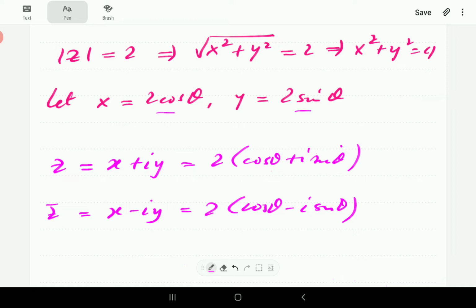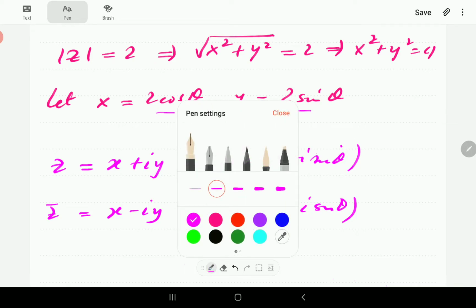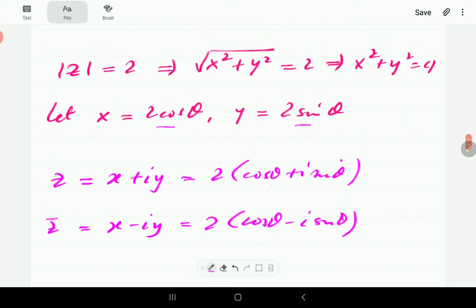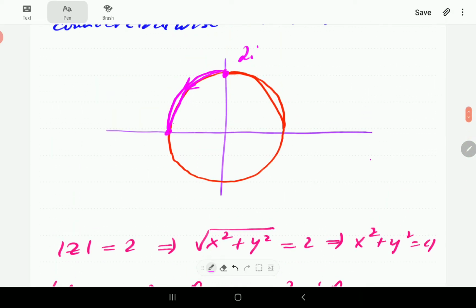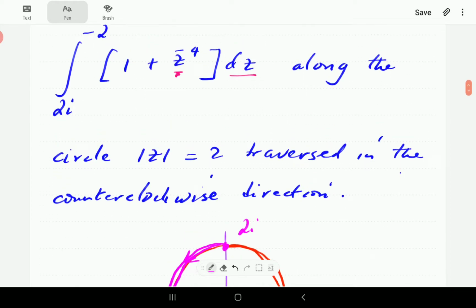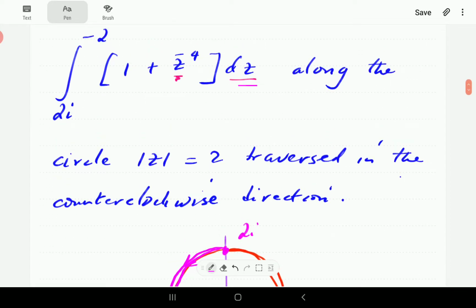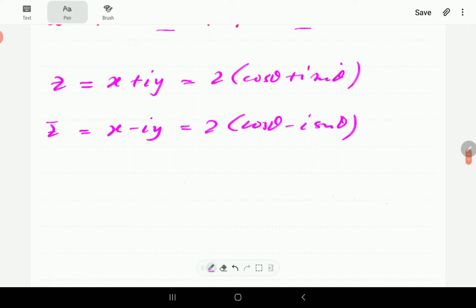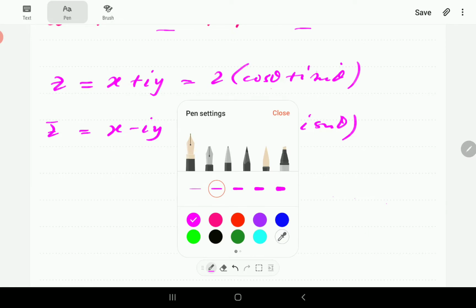However, this is where Euler's equation comes to be extremely useful. So here, for instance, we need to find the derivative of z. We could do that by differentiating this, in which case we have to differentiate two functions.